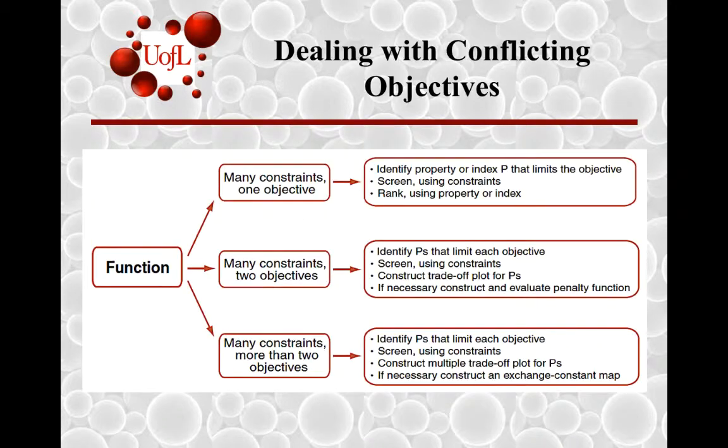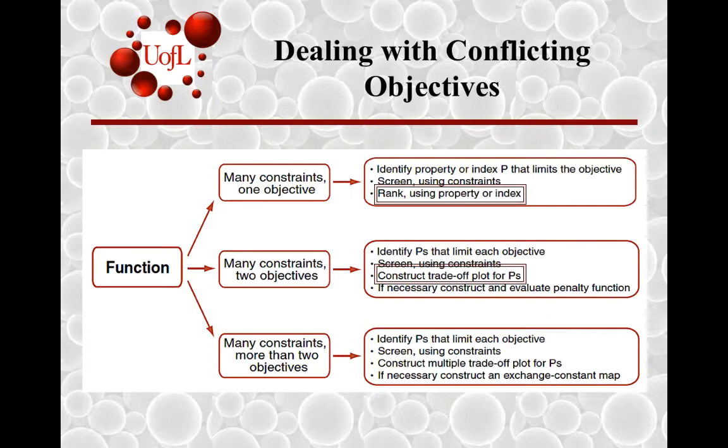So to summarize, we have looked at a function where you have many constraints and one objective, and we have looked at identifying the property, screening constraints, and ranking the property or index. Alternatively, you have a situation where you have many constraints and two objectives, and in that case, you construct these trade-off plots.